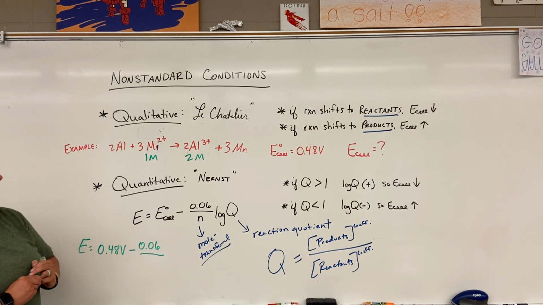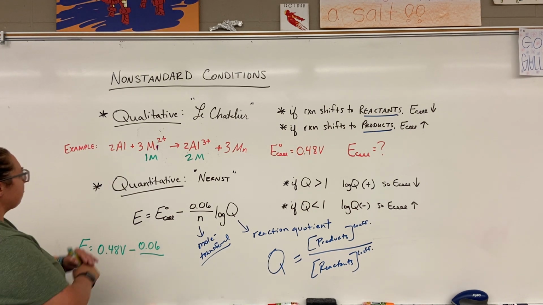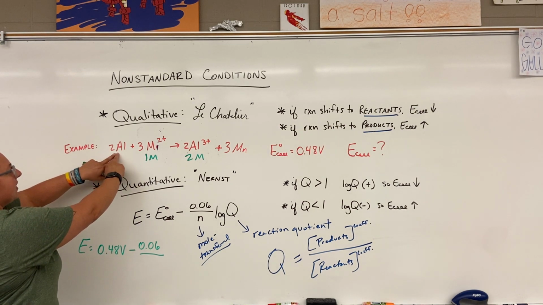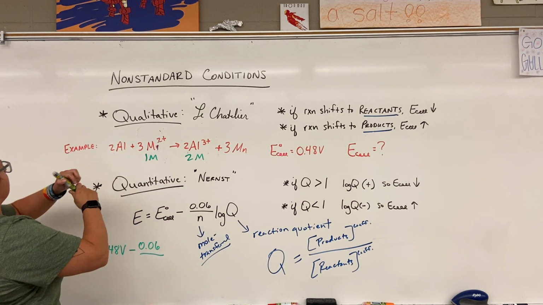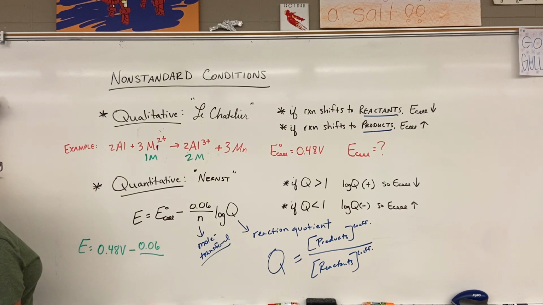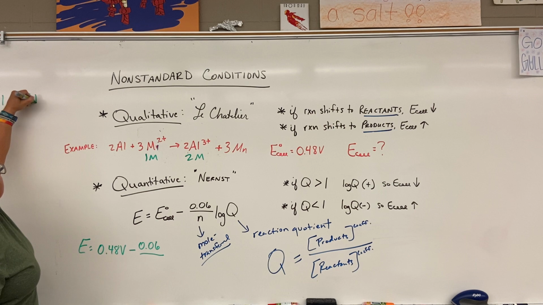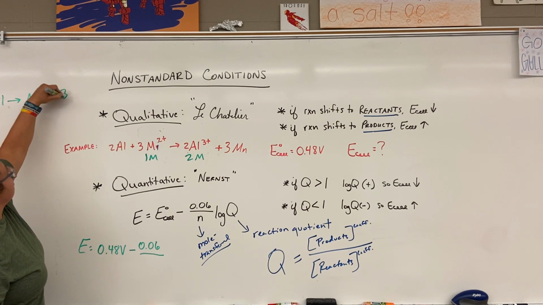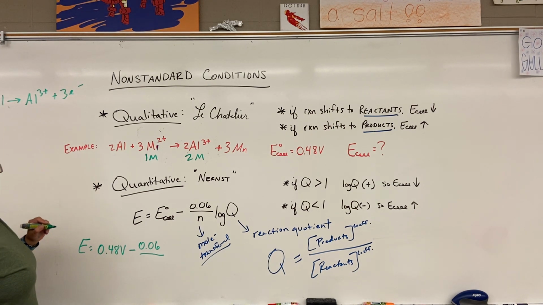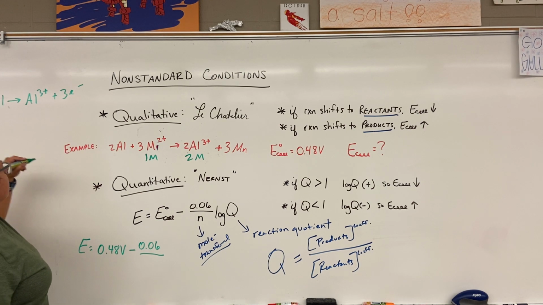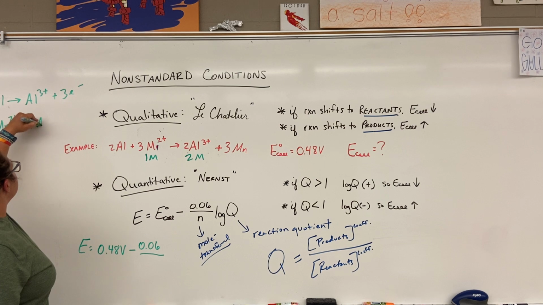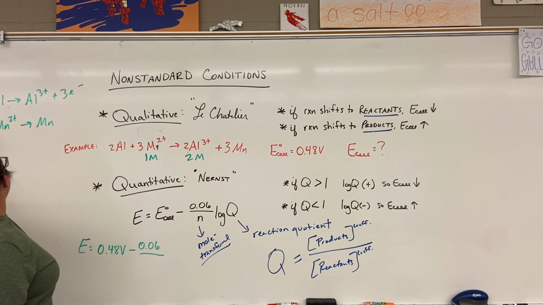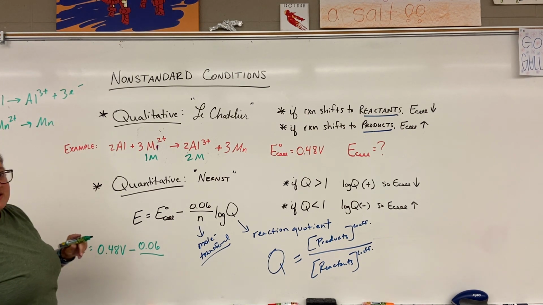So I have to figure out what my N value is here. If I look at aluminum, I notice that my half reaction for aluminum would be Al to Al3+ plus 3 electrons. I also notice that my half reaction for the manganese is going to be Mn2+ to Mn, and that is 2 electrons on this side.